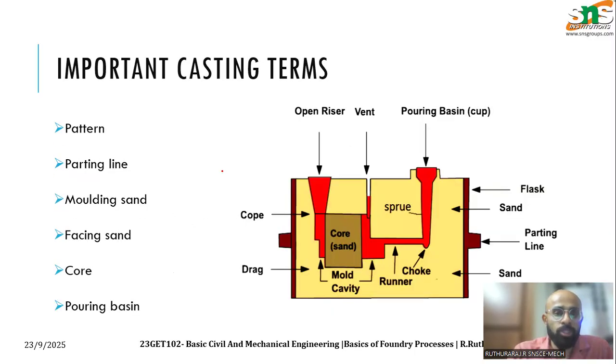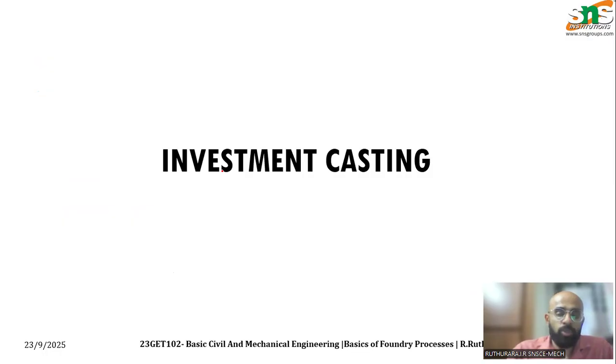Now we'll move on to the next type of casting. What we saw is sand casting, but there are many types of casting: sand casting, investment casting, ceramic casting, pressure die casting, centrifugal casting. There are numerous types. We'll just see another variation of sand casting. Here also sand is used, but not in a typical sense.